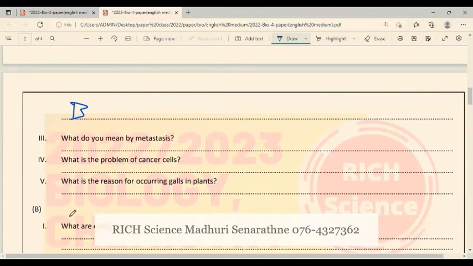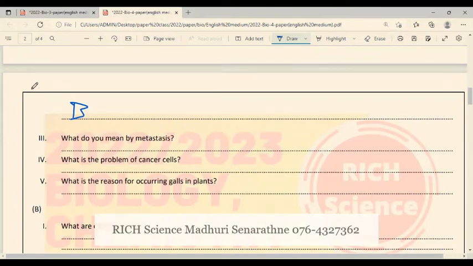What is the problem of cancer cells? You have to write 5 points. Write it fast, hurry up.